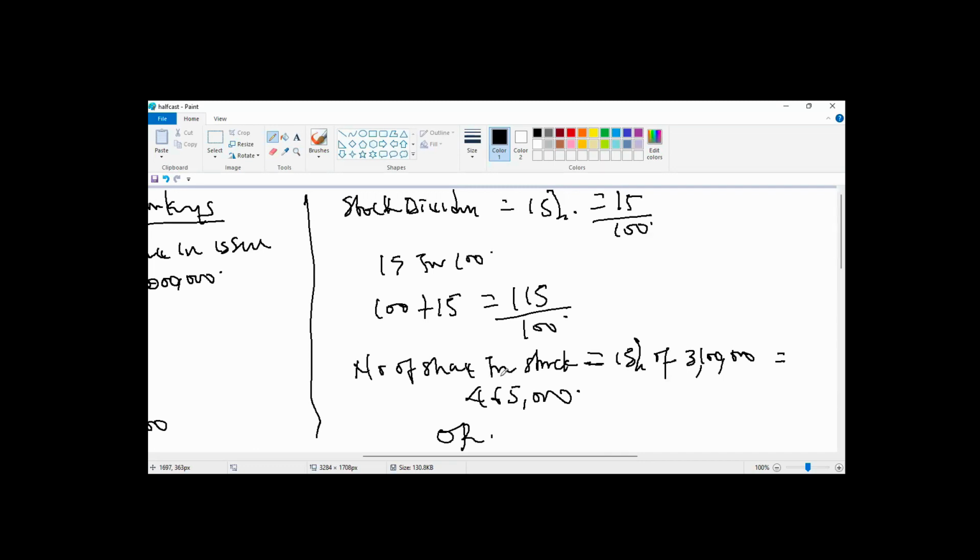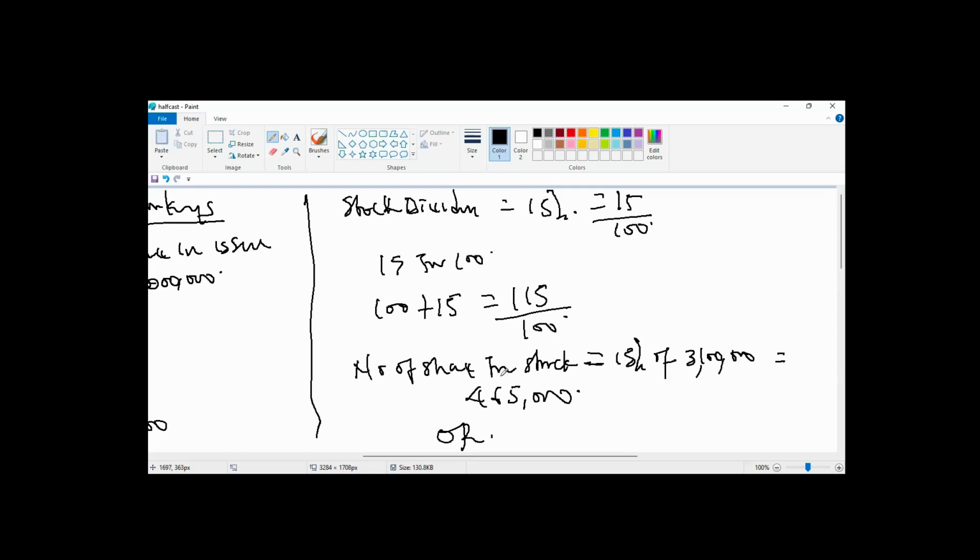Any question? So is that 19 for 100 or 15 for 100? 15 over 100. The stock dividend is 15%, 15 for 100.